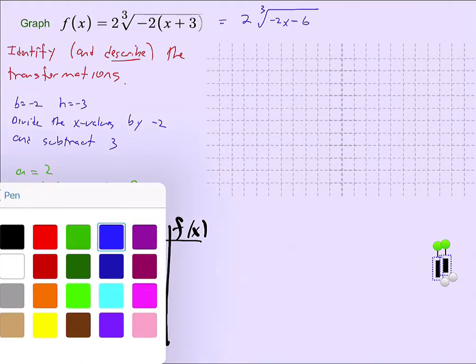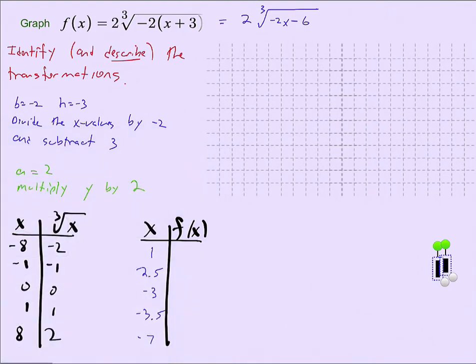The y values are a little bit easier because all I'm doing is doubling. -2 times 2, -1 times 2, 0 times 2, 1 times 2, and 2 times 2. So I'll put some axes on here.